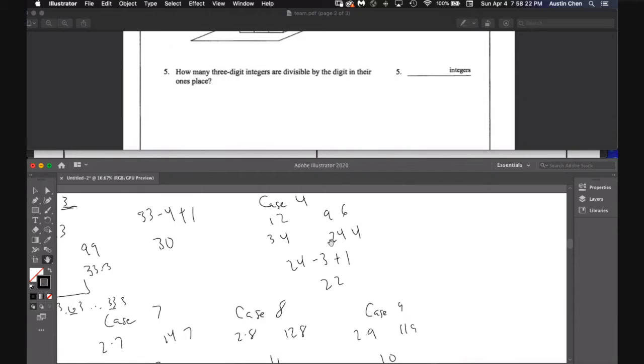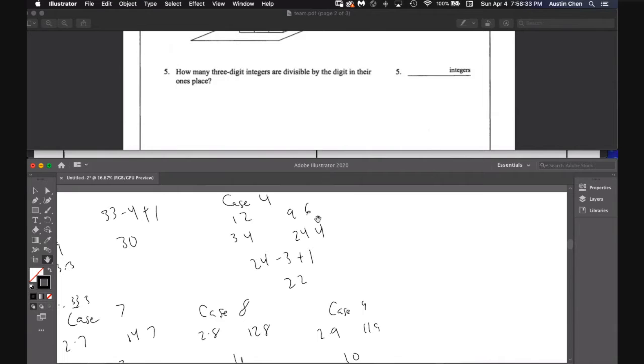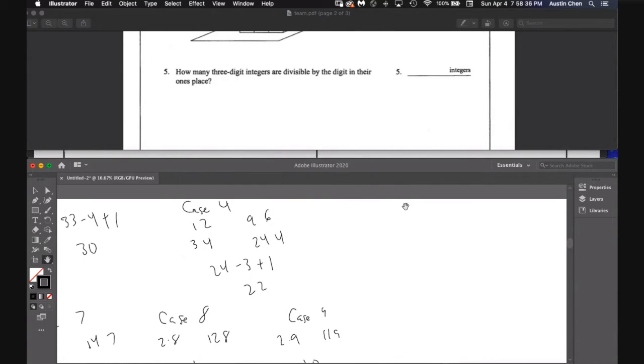But for 4, it's going to be different. So 4, you always have a 4 in the ones digit. And then, so for 4, the only constraint is going to be that the tens digit has to be an even number, right?